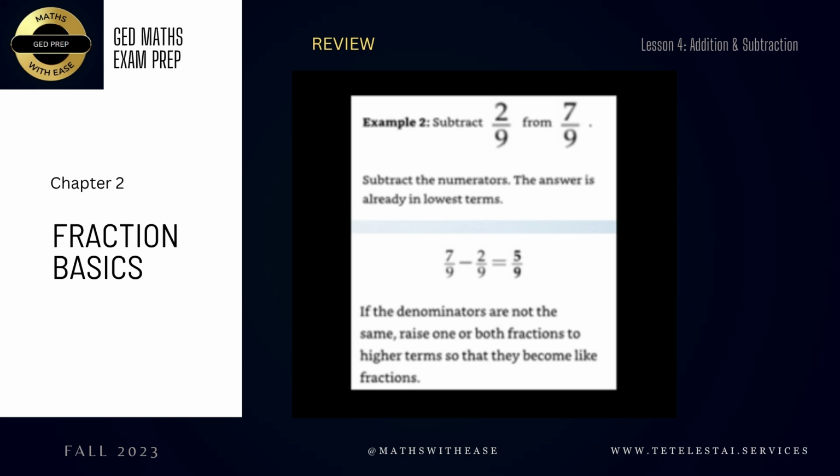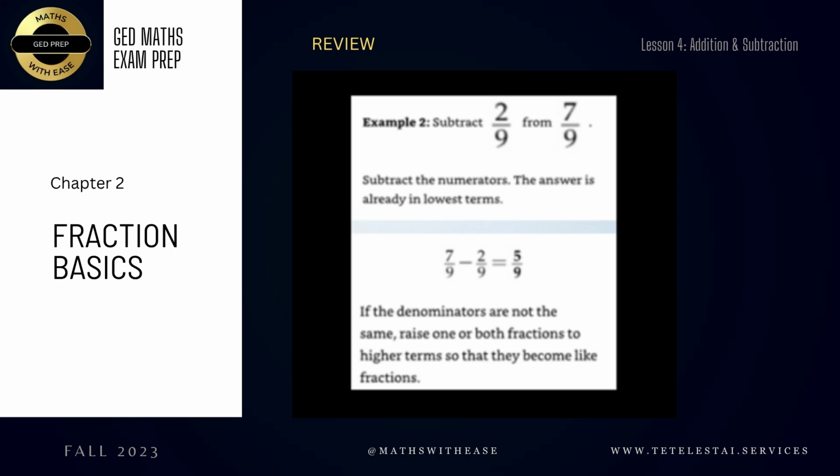Okay, and then this is telling you that if the denominators are not the same, you want to raise them to the same multiple, so that you can have like fractions, because you can only subtract or add when the denominators are the same.